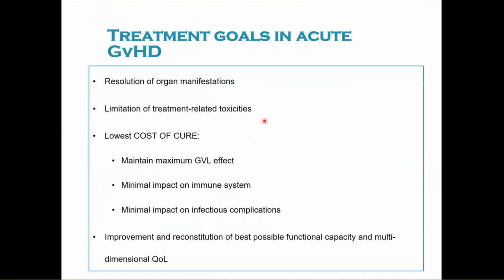This aim should come at the lowest cost of cure, meaning that we want to maintain or have to maintain the maximum GVL effect with minimal impact on the immune system and a minimal impact on infectious complications. This should result in improvement and reconstitution of best possible functional capacity and multidimensional quality of life.